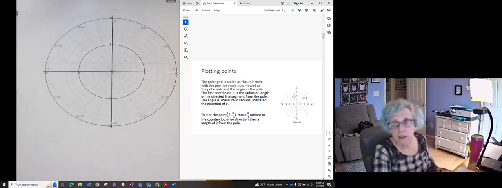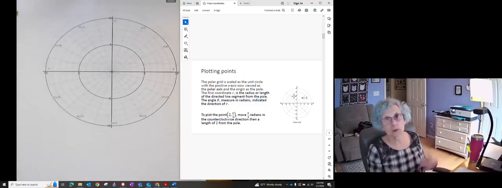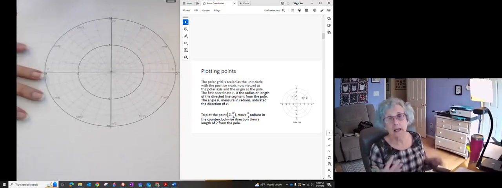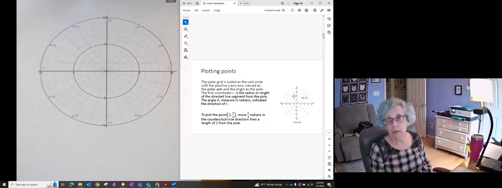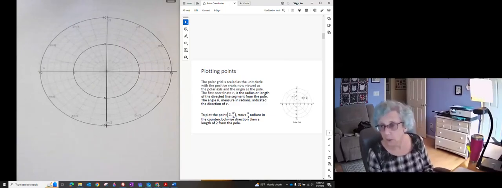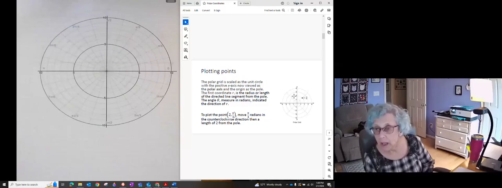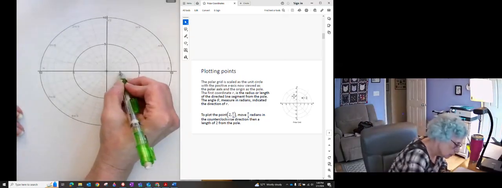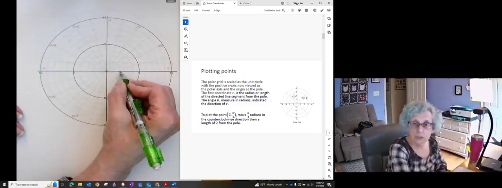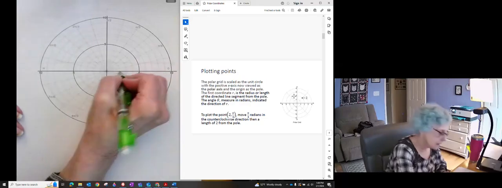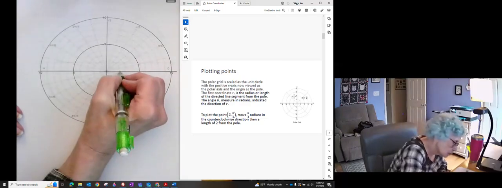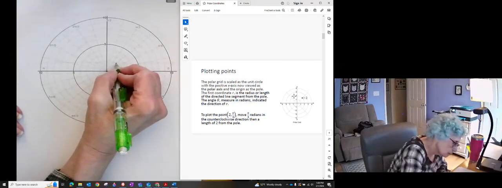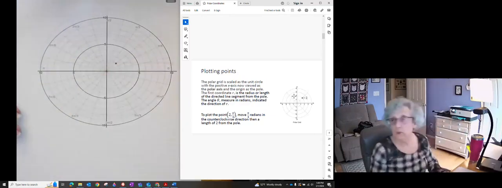So here's a sheet of polar graphing paper, which helps me a lot when I'm graphing these things. And I do have some blank polar graphing paper that you can print out and use to practice and do your homework. So to plot (2, pi over 4), we move to the right 2 units along the positive x-axis, and then we move to pi over 4, which would be right there.